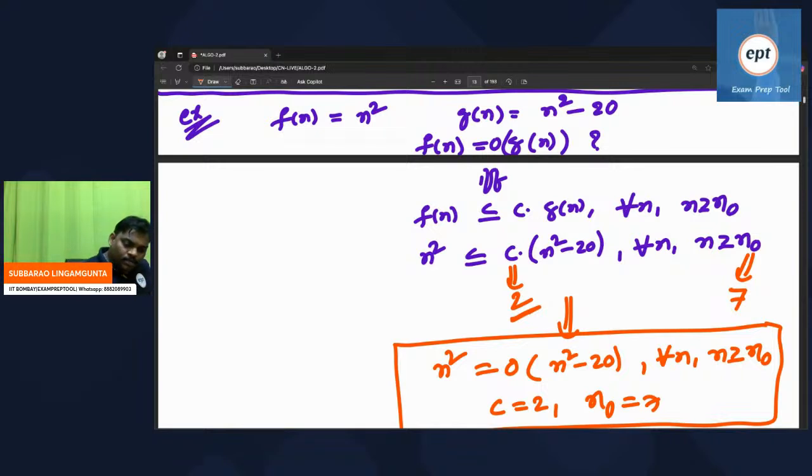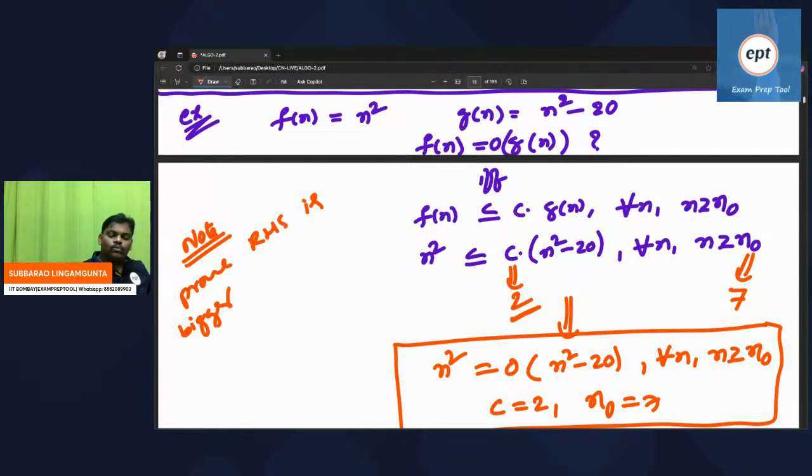Some people are asking, what is big O? Prove that the right hand side is bigger with the help of C. C means constant.